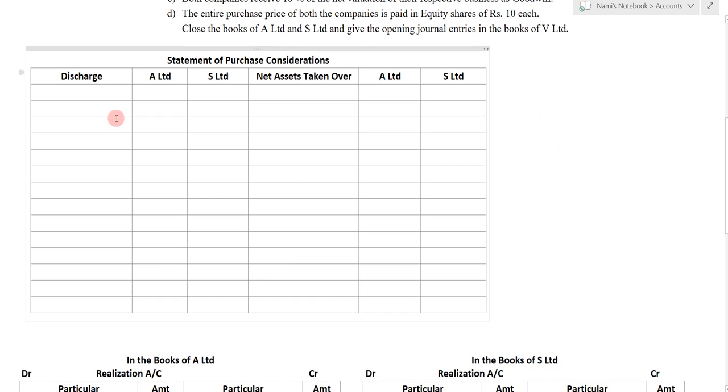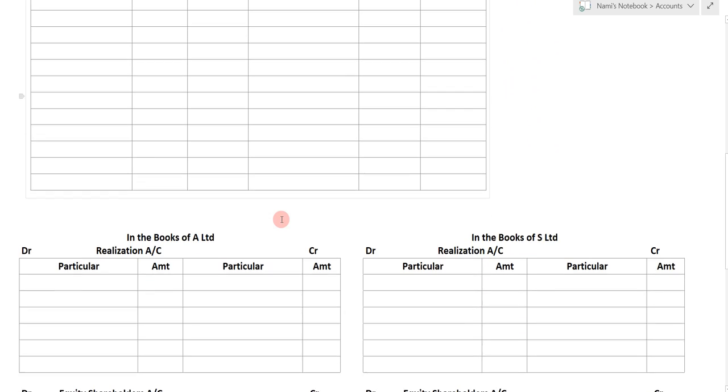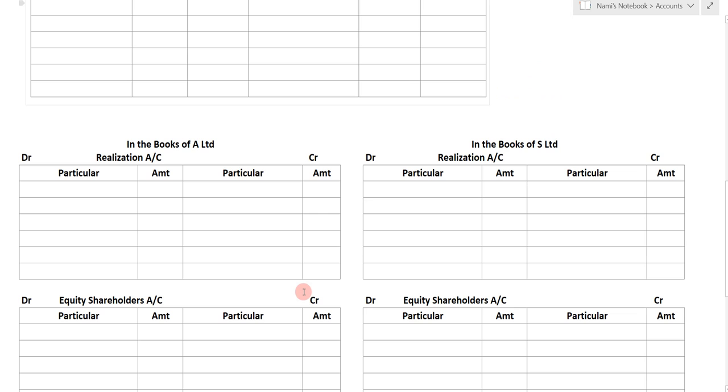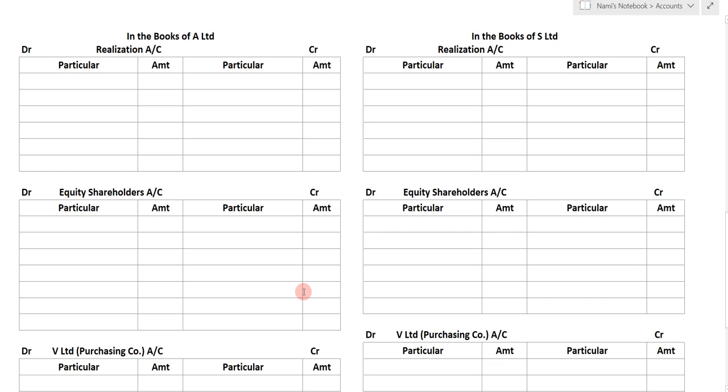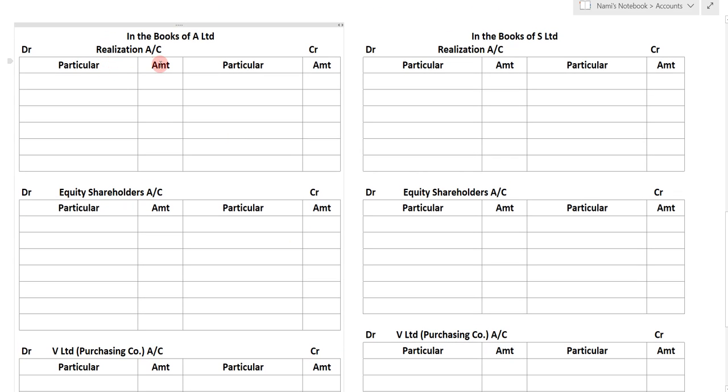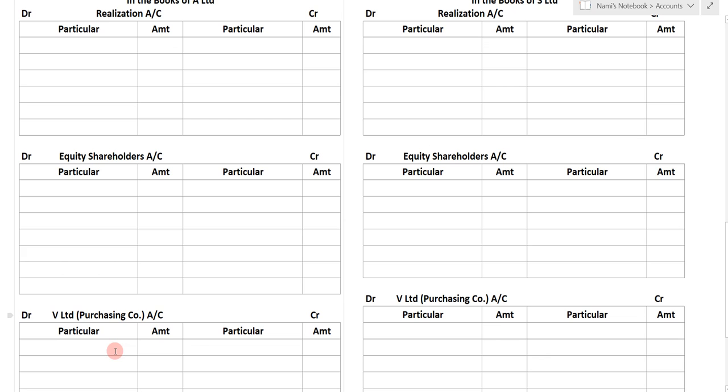After preparing the statement of purchase consideration, we have to close the books of A Limited and S Limited. Why? Because both the companies are liquidated. To close the books of A Limited and S Limited, we have to prepare the following ledger accounts. First, the realization account, then the equity shareholders account, and V Limited, that is the purchasing company account.